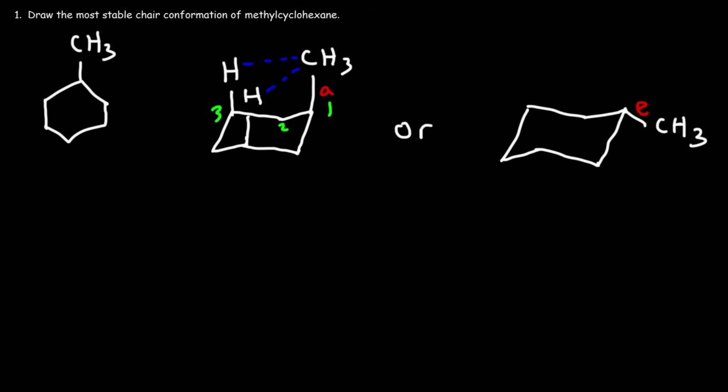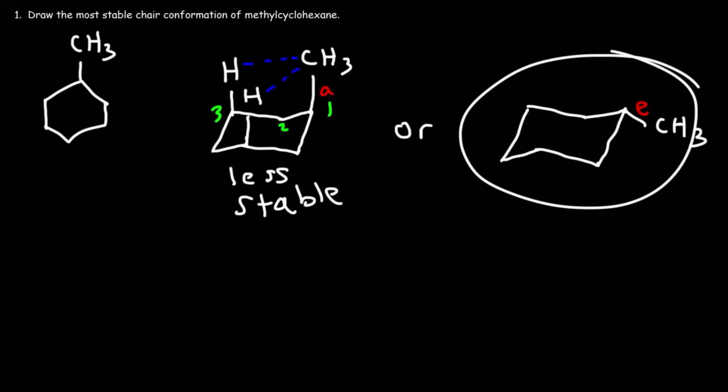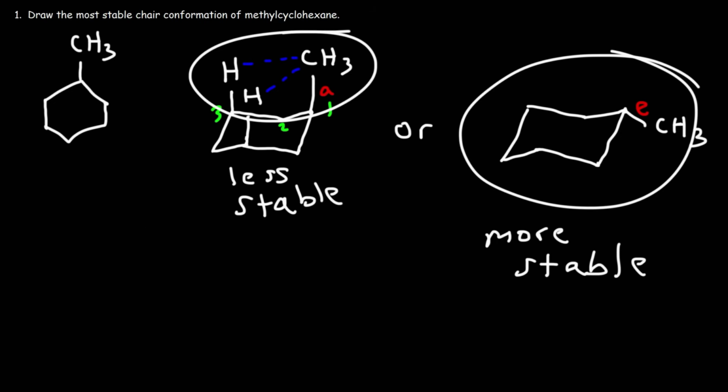So because of this 1,3 diaxial interaction, the axial position is less stable than the equatorial position. So this is going to be the answer. The chair conformation will be more stable if we put the methyl group off to the side in the equatorial position, because we will avoid this 1,3 diaxial interaction.